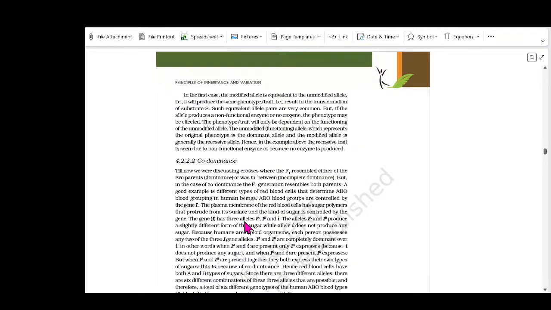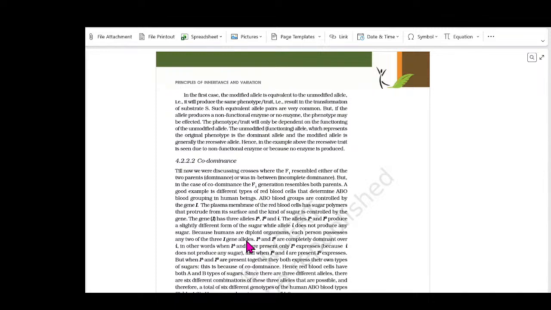The gene I has three alleles, IA, IB, and small i. The alleles IA and IB produce a slightly different form of sugar, while allele small i does not produce any sugar. Because humans are diploid organisms, each person possesses any two of the three gene I alleles.